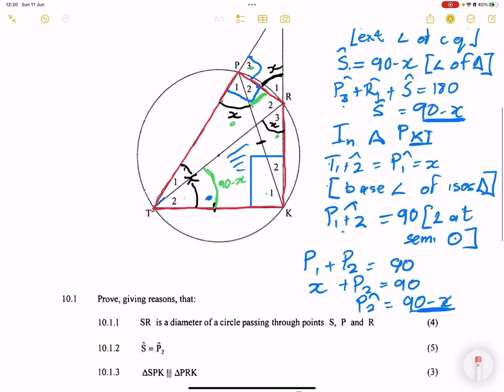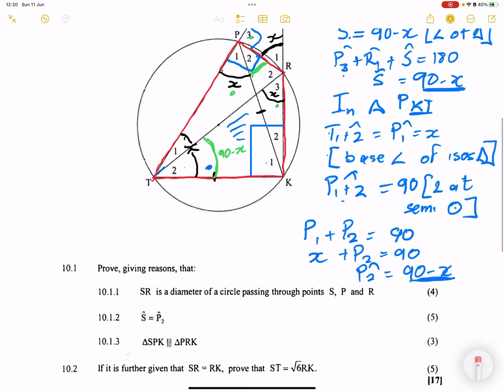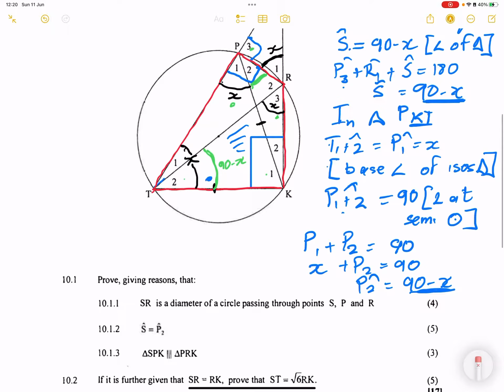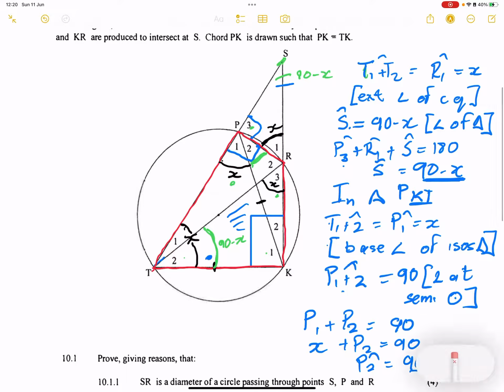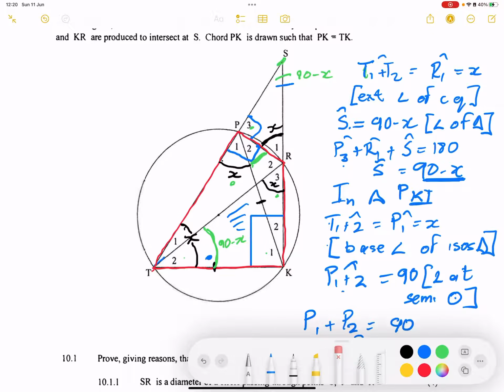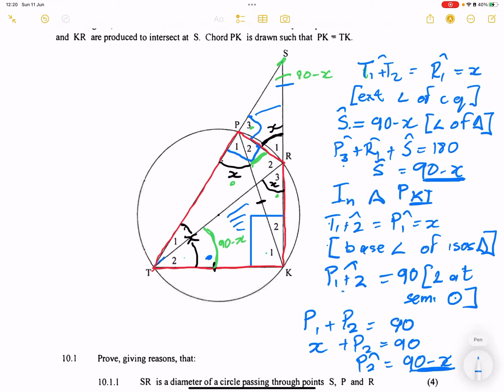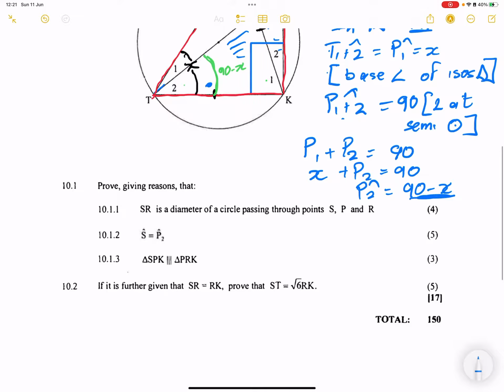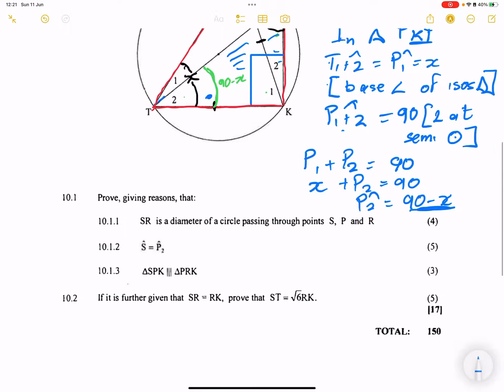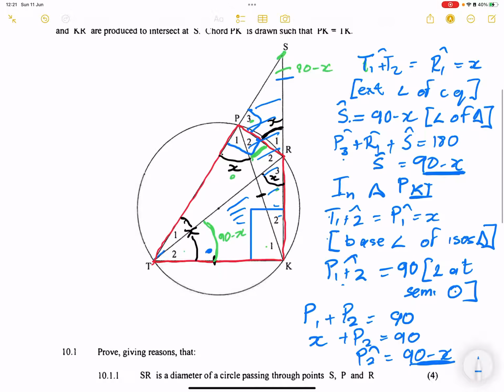Now let's go on to the next one. They say, let's prove that triangle SPK, which is that big triangle over there, is similar to PRK.